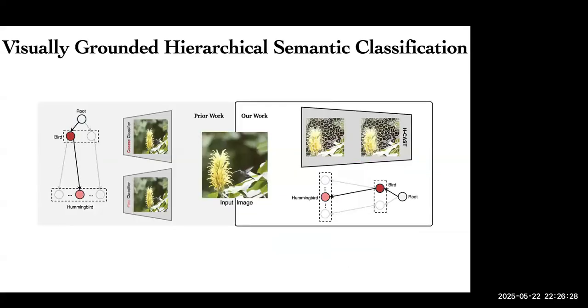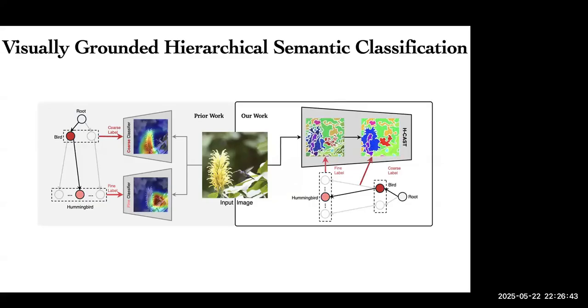And this is a contrast between the prior approach and our approach. We are looking at a hierarchical semantic classification that's grounded in consistent segmentation. Earlier work, because they don't enforce consistency, tends to predict different conflicting semantic classes.